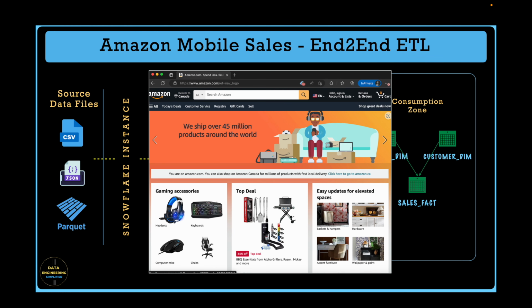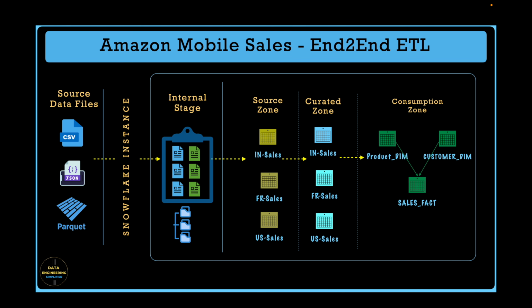So considering Amazon's mobile data setup and global sales order data, we have practiced how to load the mobile order data set from local machine to Snowflake internal stage, how to create file formats for commonly used file types, run the copy command to load data from internal stage to source schema, validate the copy history and behavior of delta processing with copy command. We also used Snowpark File API to load the data from local machine to Snowflake internal stage.